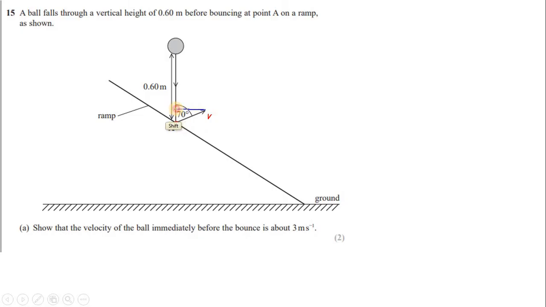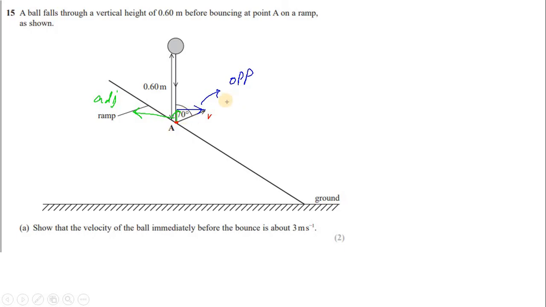This is the horizontal component in that direction, and this one is the vertical component. Clearly this one is the adjacent component, and this one is the opposite component, opposite to the 70 degrees.